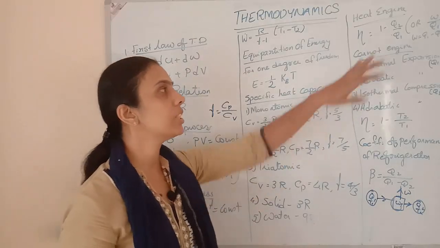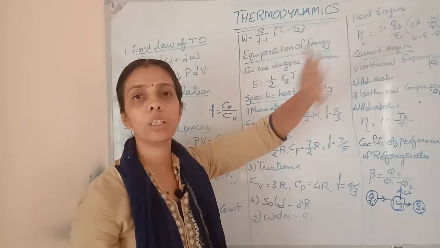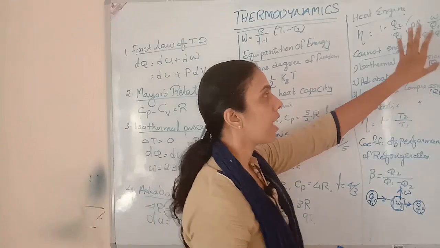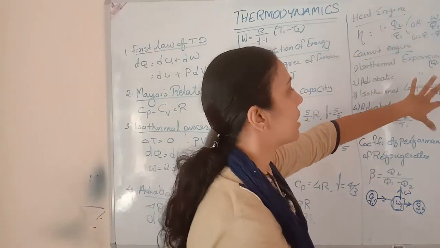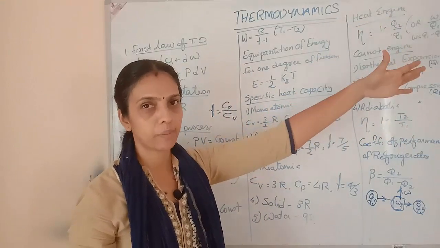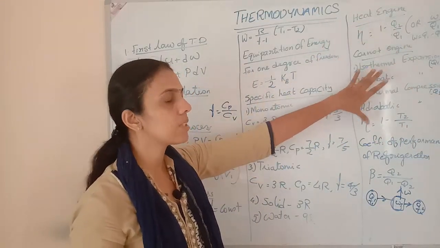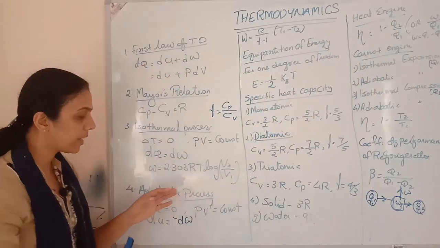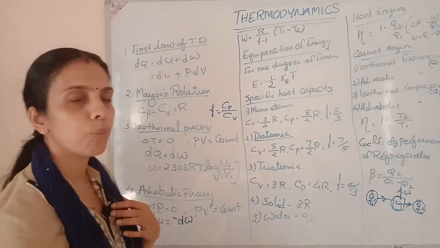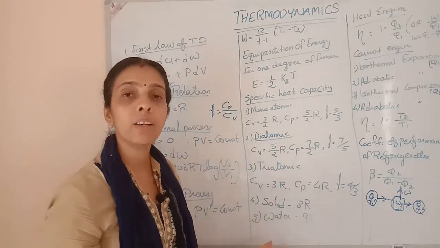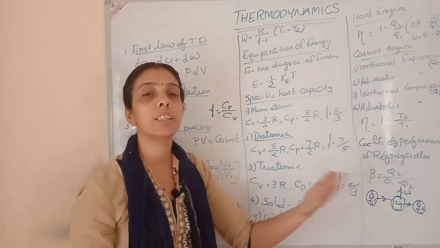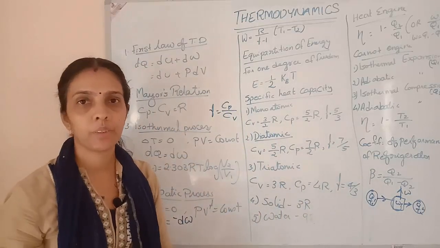Using this formula for efficiency of a heat engine, we derive the efficiency of a Carnot engine. We require Q2 and Q1, where isothermal compression gives Q2 and isothermal expansion gives Q1. While deriving this we require the work done also, that's why I told you to learn these two formulas by heart. For isobaric and isochoric processes we also have such equations, but there is no derivation relating to work done there.